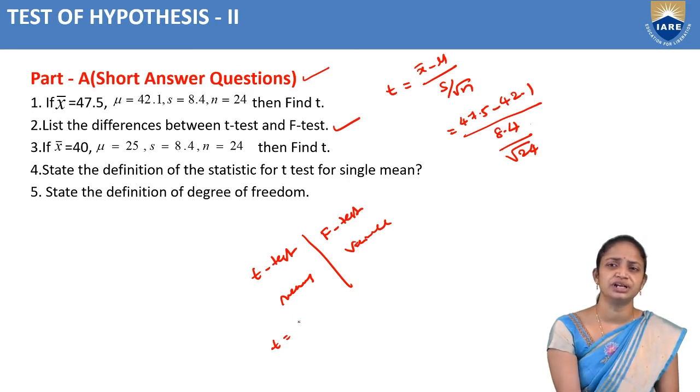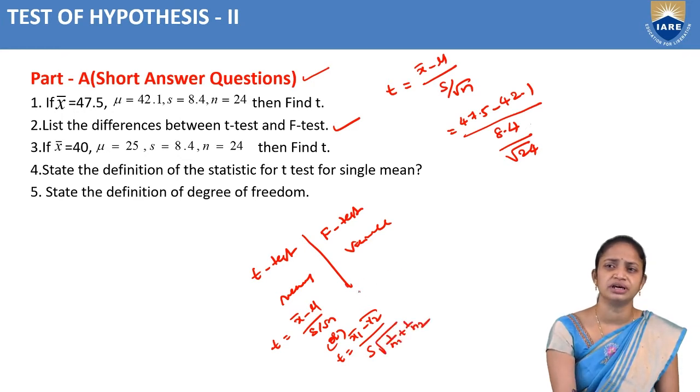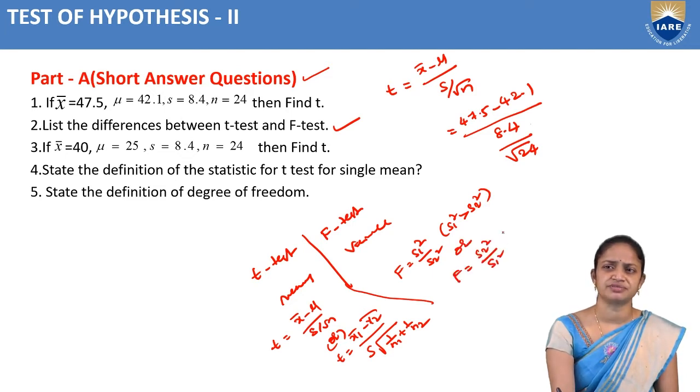The t-test for single mean is t equal to x bar minus mu by s by root n, and the t-test for difference of means is x1 bar minus x2 bar divided by s into root of 1 by n1 plus 1 by n2. For the f-test, f equal to s1 square by s2 square, where s1 square is greater than s2 square, or f equal to s2 square by s1 square, where s2 square is greater than s1 square.